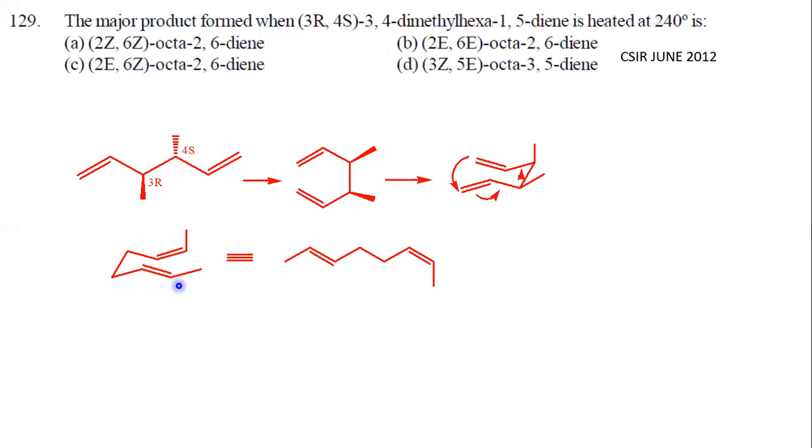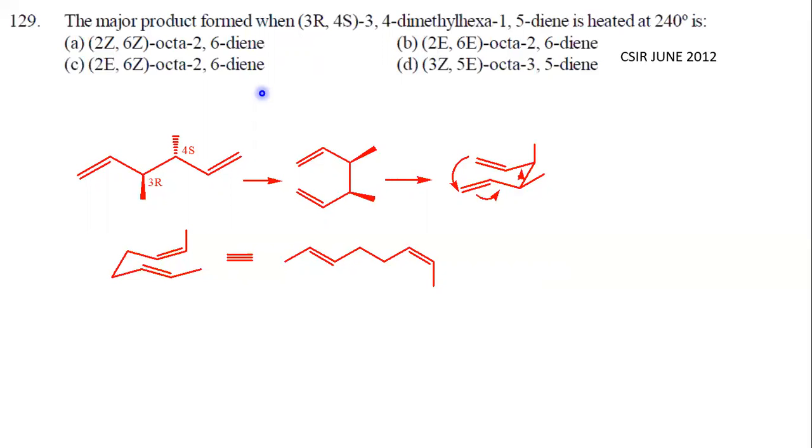In case of the octadiene system, one of the double bonds is cis, the other double bond is trans. So we end up getting an octadiene system with one double bond trans and one double bond cis. So the answer for this, if you start numbering from here, 1, 2, 3, 4, 5, 6, is 2E,6Z-octa-2,6-diene. That's all about the answers for these questions.